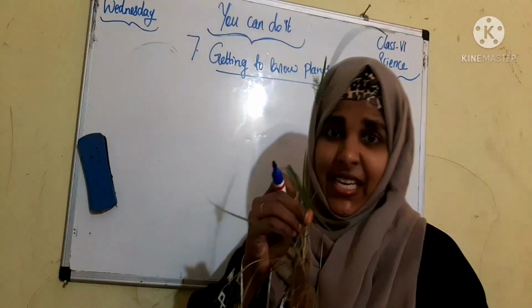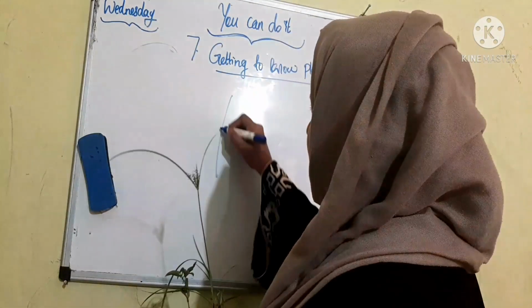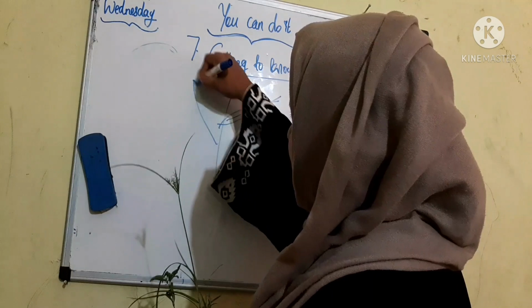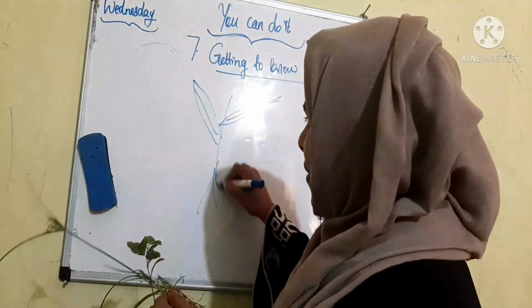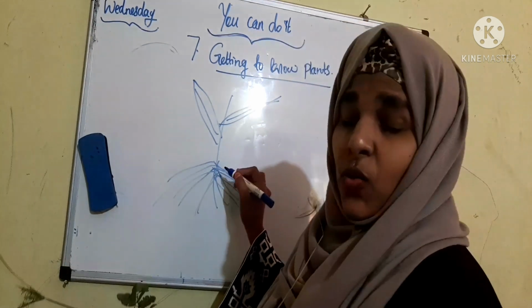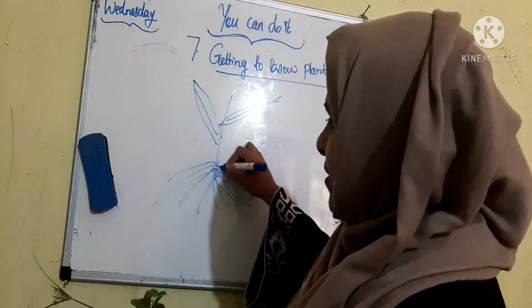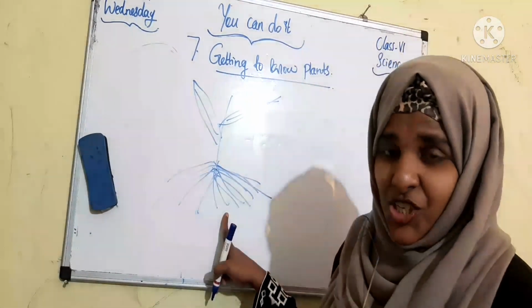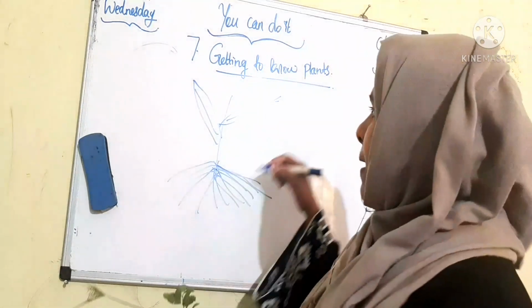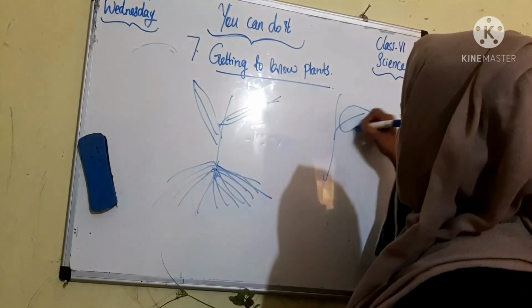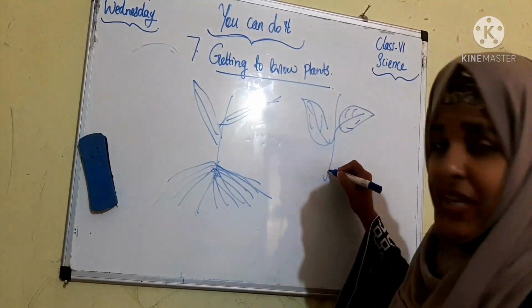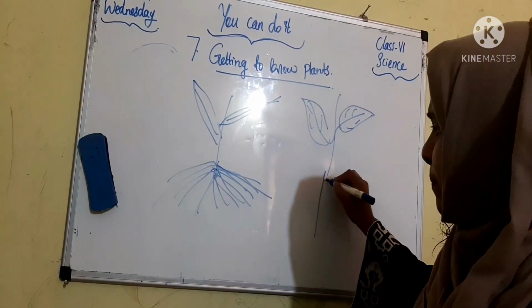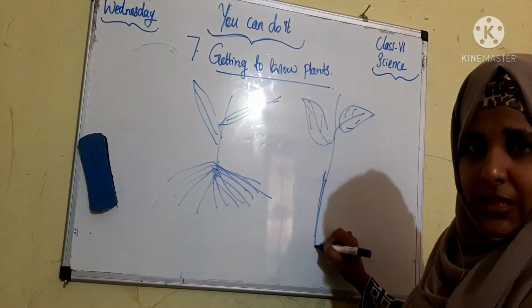Students, with parallel venation of the leaf, the root is a fibrous root. So roots are arising from the base of the stem. With parallel venation, the roots are fibrous roots. But in reticulate venation, what will happen, children? In reticulate venation, it has a prominent root, right?